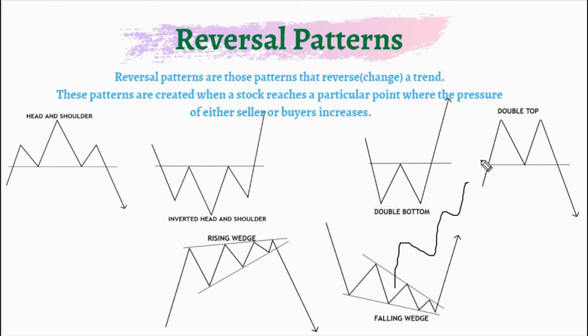Okay. The same is the case with the double top pattern. Suppose an established uptrend is already present in the market, and then we see a double top pattern. Basically it is showing us exhaustion of the buying side, because after this swing low, prices couldn't make a new swing high, which is an indication that the buyers are losing momentum.